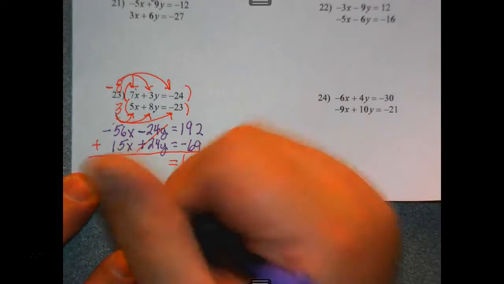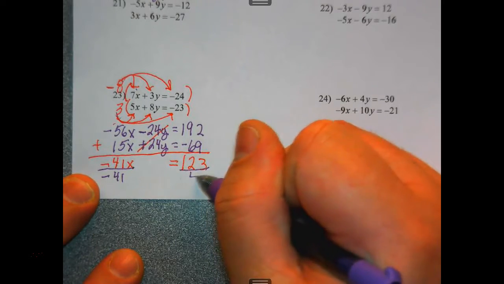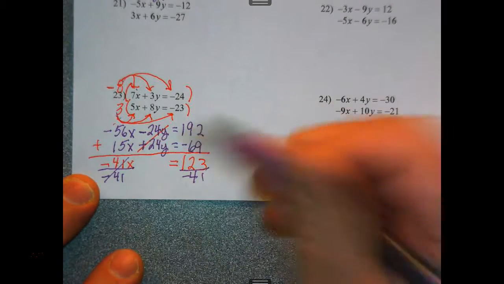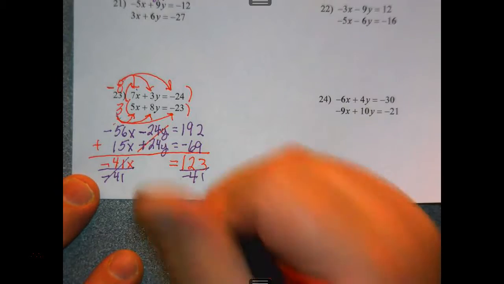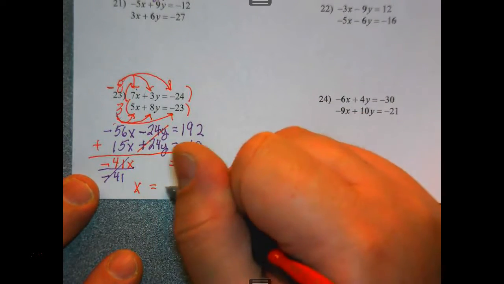Divide both sides by negative 41, and x is going to equal negative 3.